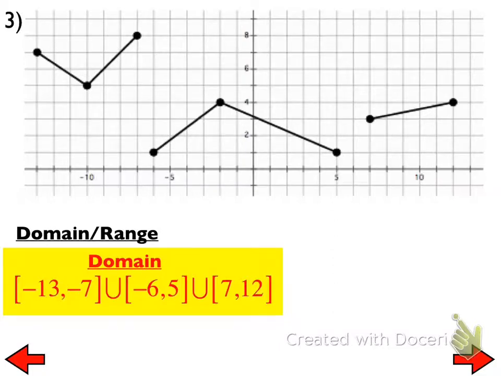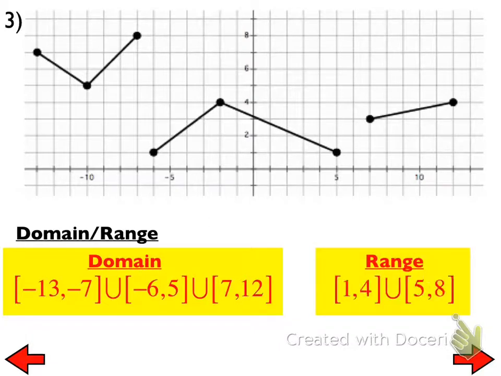And then the range would be from 1 to 4 and from 5 to 8. And the reason is because right in here, going from the bottom of the graph to the top, there are no ordered pairs that are found in that little slice right there from 4 to 5.